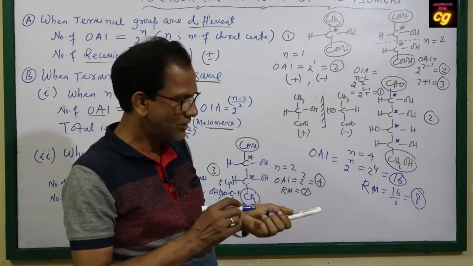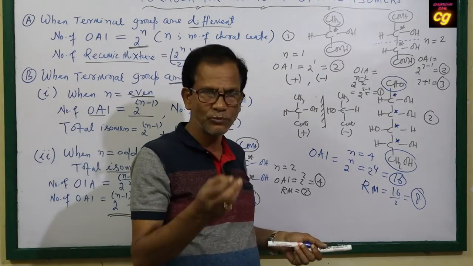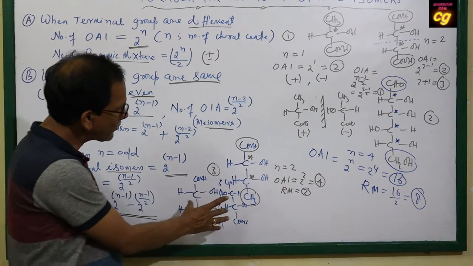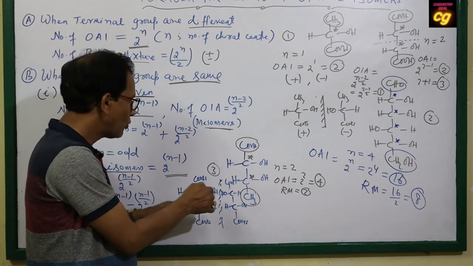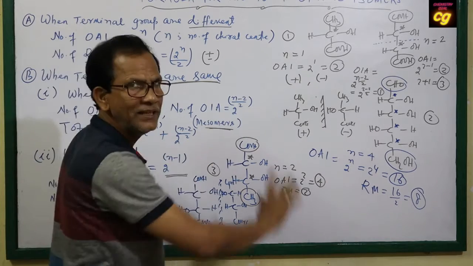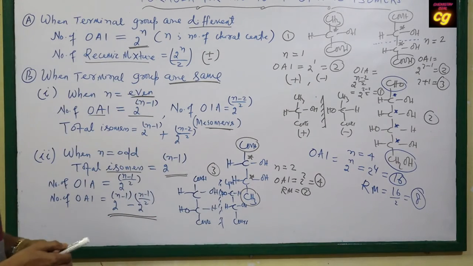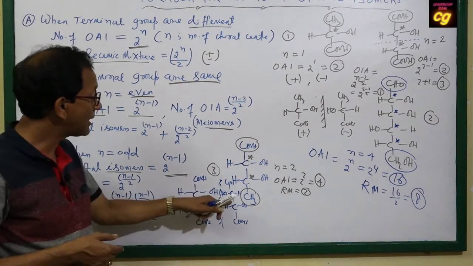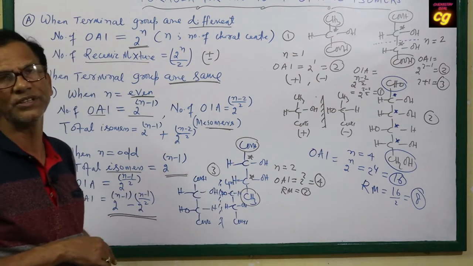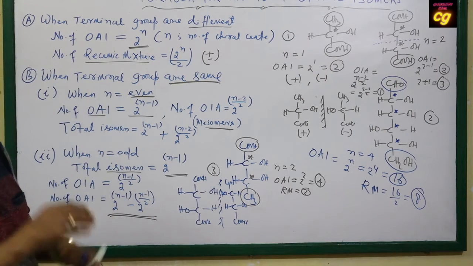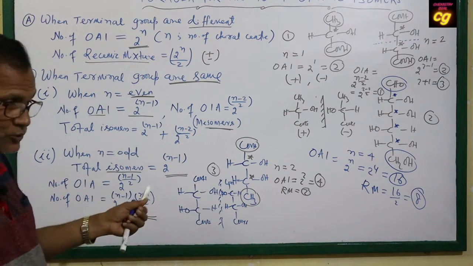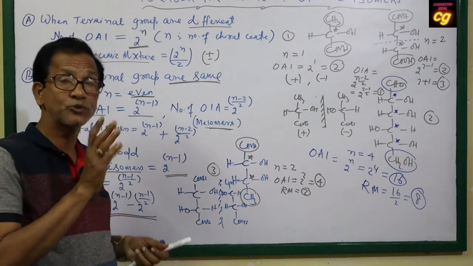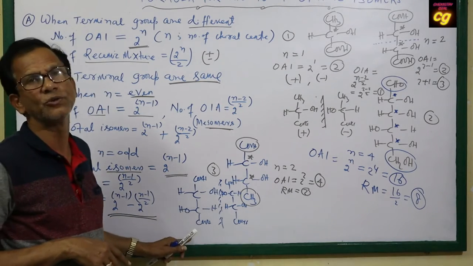Already we have discussed the types of optically active isomers, meso compounds, and diastereoisomers. So which will be diastereoisomers? Any two optically active isomers that you select and compare, but which are not mirror images, are called diastereoisomers.